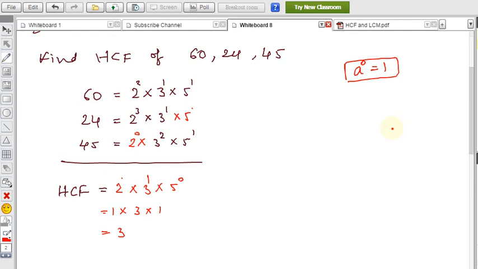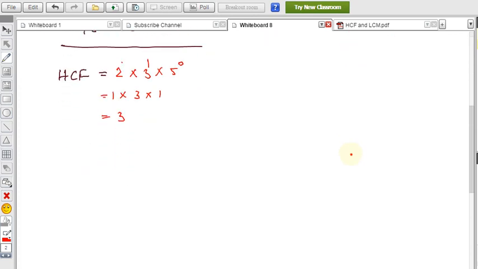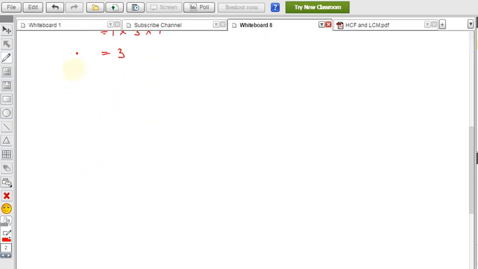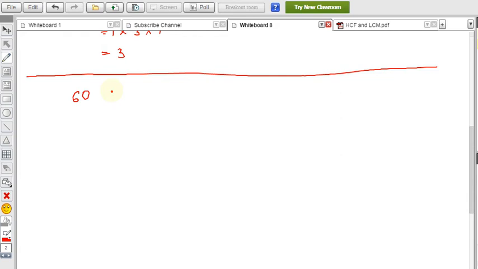That is important, and big numbers also we can solve easily. The numbers are 60, 24 and 45. First we will take any two of them.